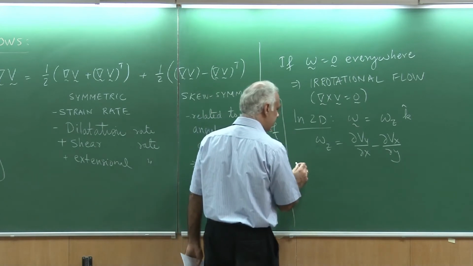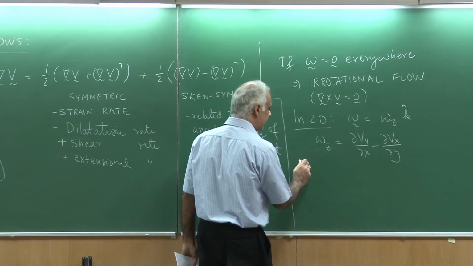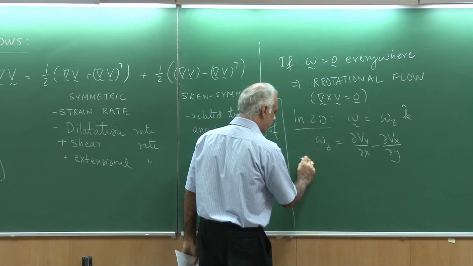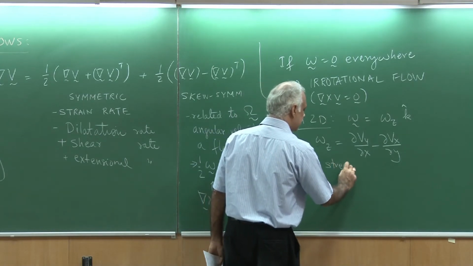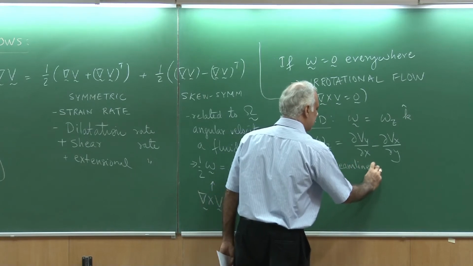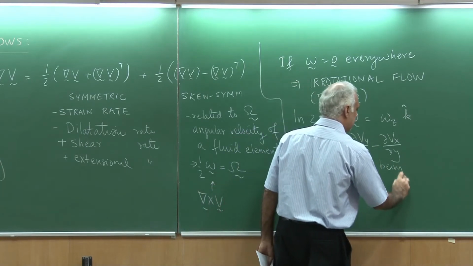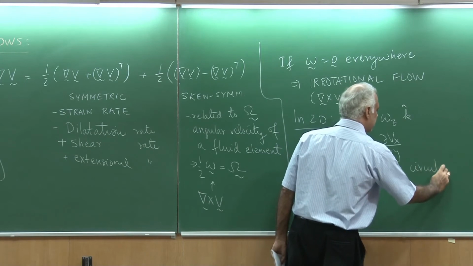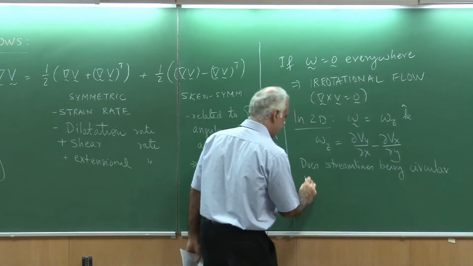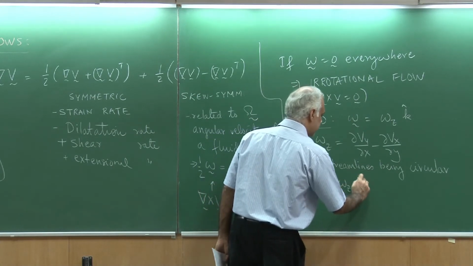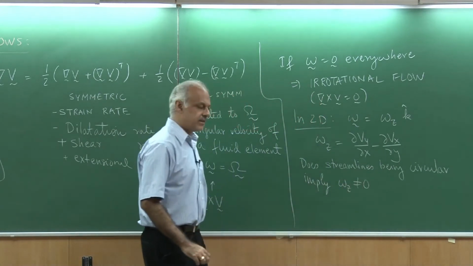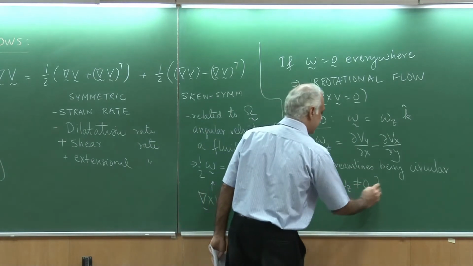So, let me then just remind you that I will take two examples. So, first is, does streamlines being circular imply omega z is not equal to 0? That is one question that we addressed.